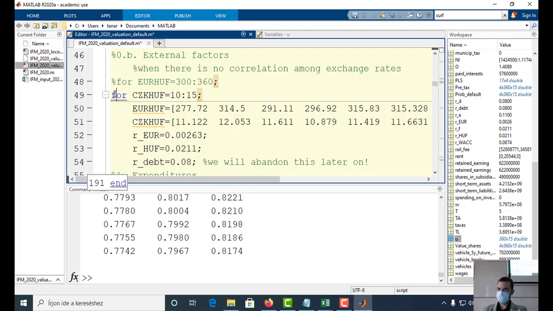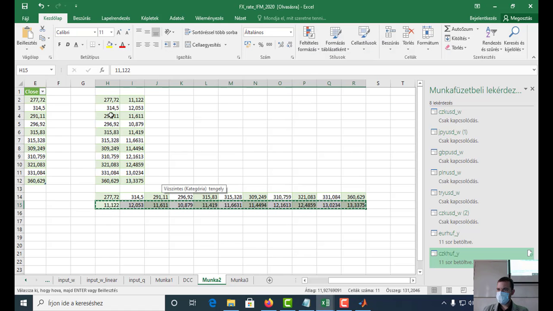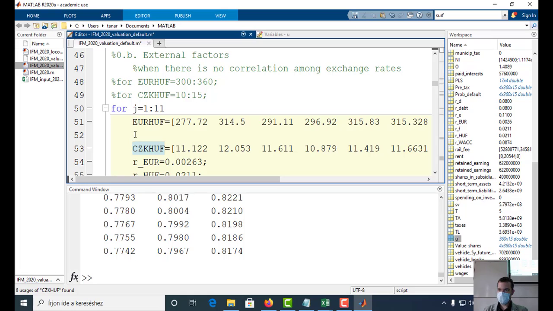We can say that it will run for J from 1 till supposed to be 10. No, 11. No, and I can't do this, since I have to select one of them.